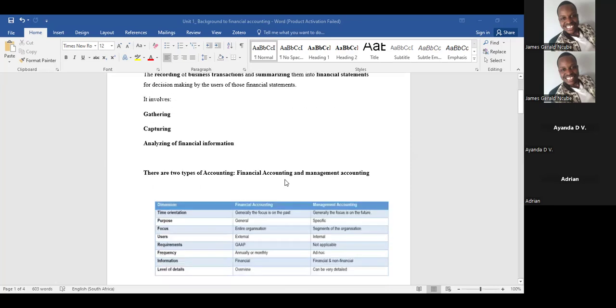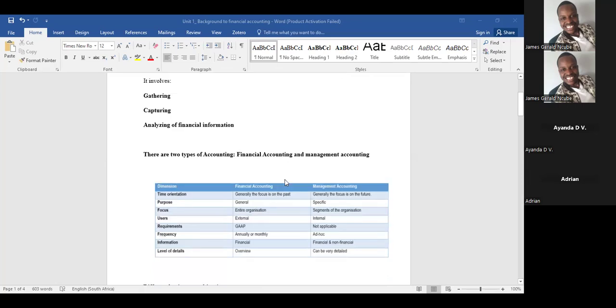So just to narrow it down, differentiating financial accounting and management accounting: in financial accounting, we are focusing on the past, while in management accounting, we are focusing generally on the future, right? Another difference is the purpose. Financial accounting is for general purposes, and management accounting is more specific.